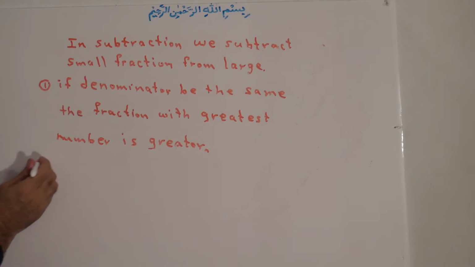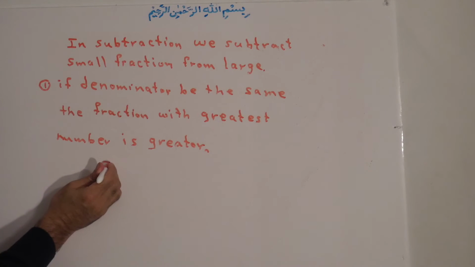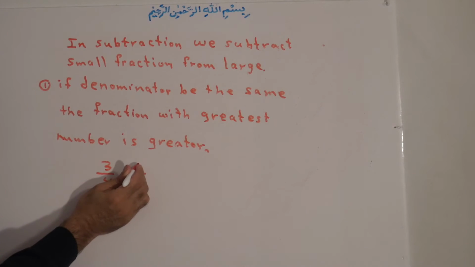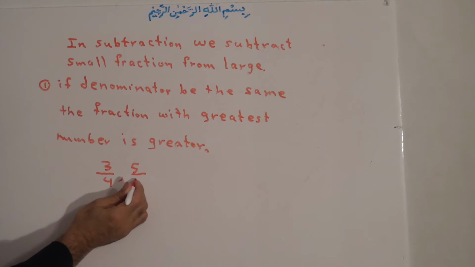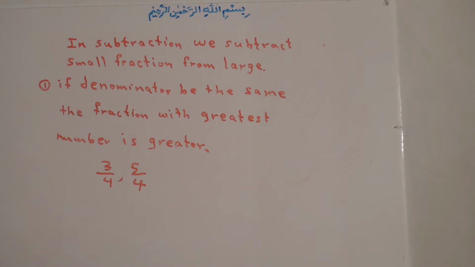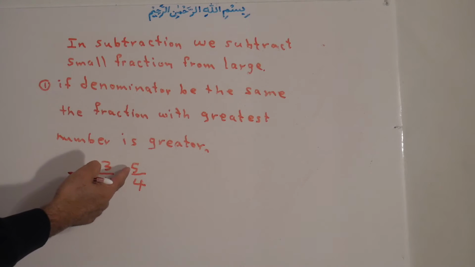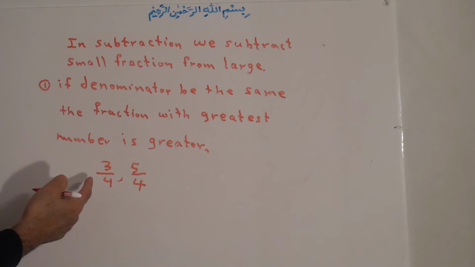For example, we have 3 over 4 and 5 over 4. Now we know that because both denominators are the same, 5 over 4 is greater than this one.